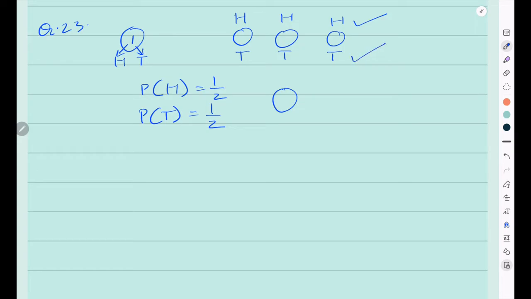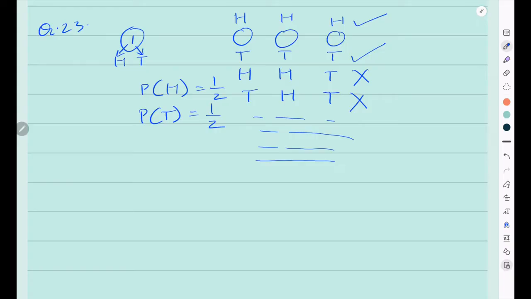So with all 3 heads he will win, with all 3 tails also he will win, but he will not win when 2 times they get head and then 1 time tail, for example. Again, if they get 1 tail and then 1 head and then 1 tail, then also he will lose. And there are some other conditions also in which he will lose.